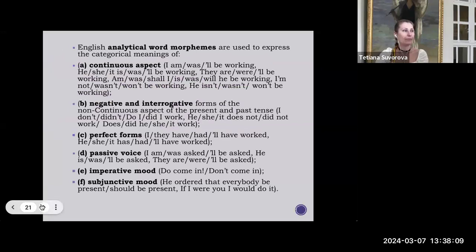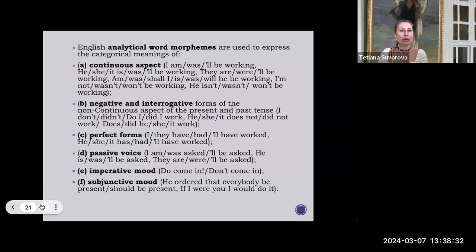Okay, so then English analytical word morphemes that we have are used to express the categorical meaning of continuous aspect, negative and interrogative forms, perfect forms, passive voice, imperative mood, and subjunctive mood.